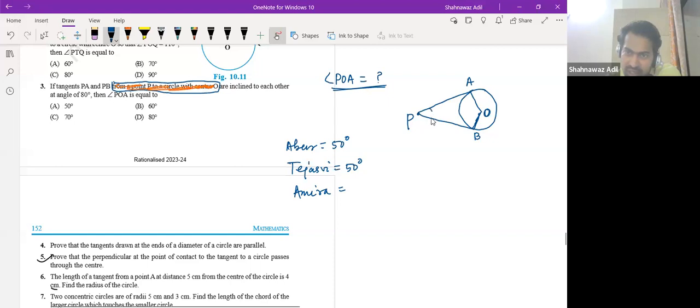So this is the angle that they are talking about. So PA and PB are inclined to each other at an angle of 80 degrees, right? Then what do we need to find out? Angle POA. So what is the angle that they want us to calculate? POA. This one, right? Right, Amira? Yes, sir. So first we calculate the whole angle. The whole angle we can calculate, right? So what would be the whole angle O?